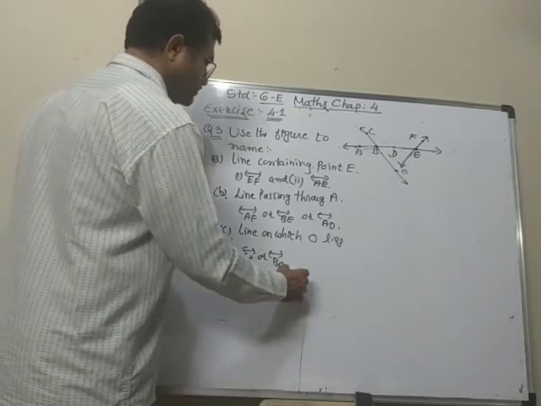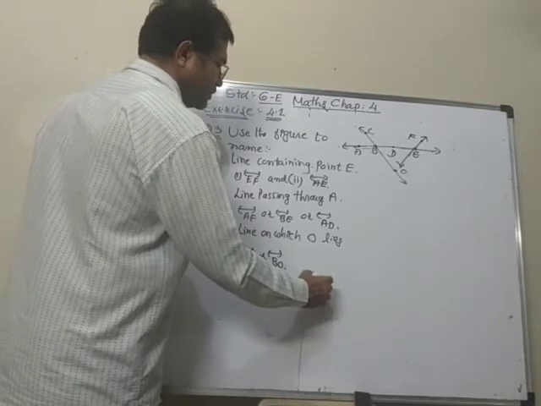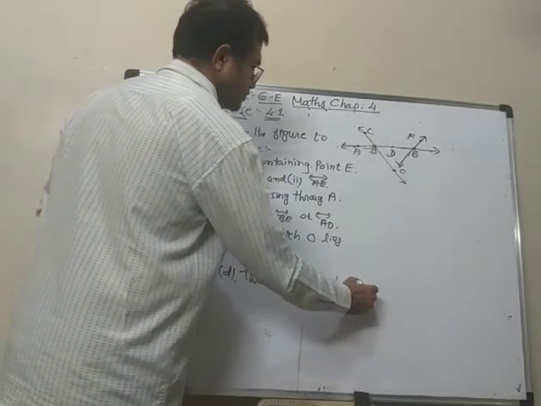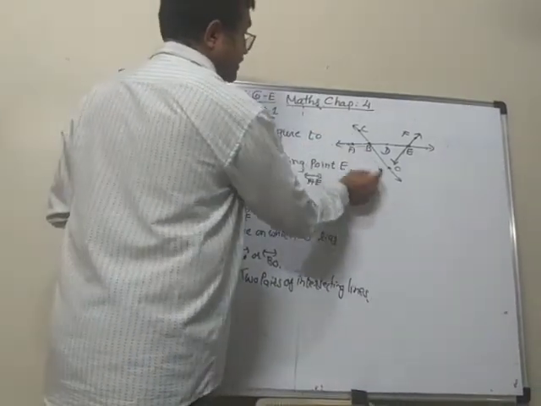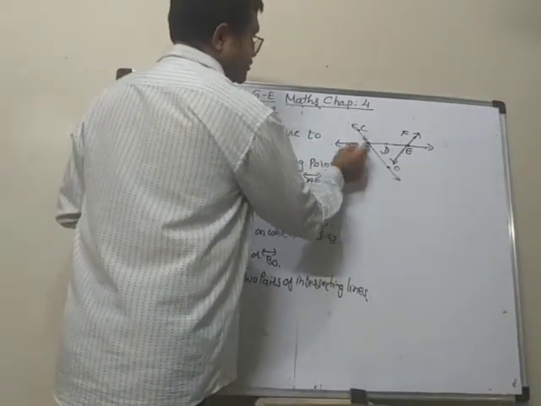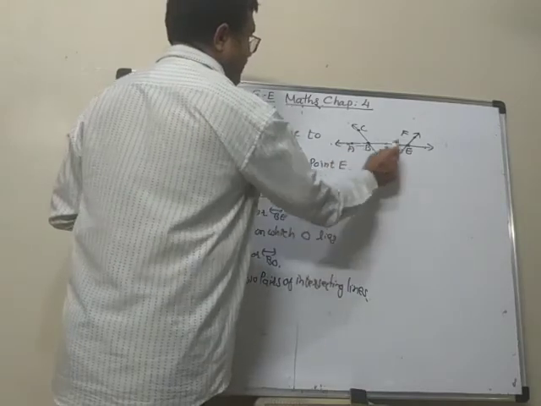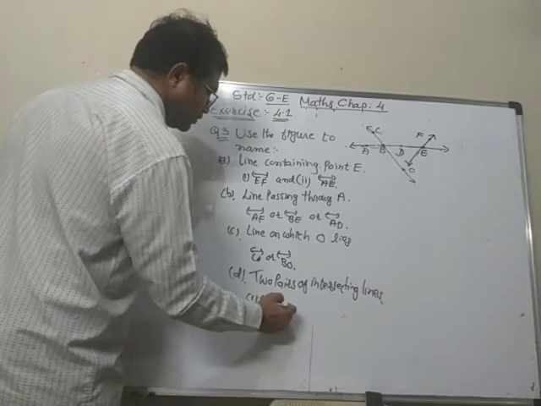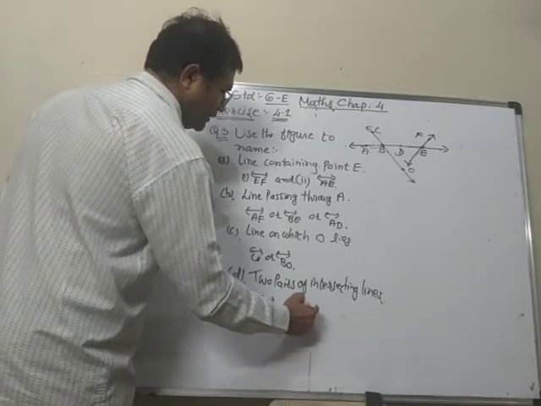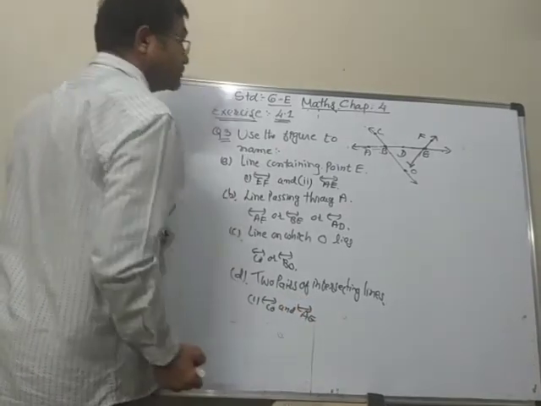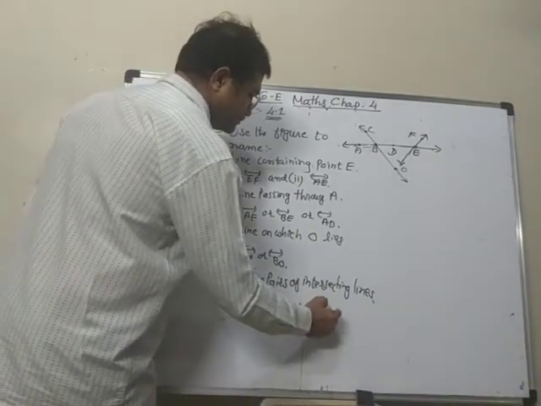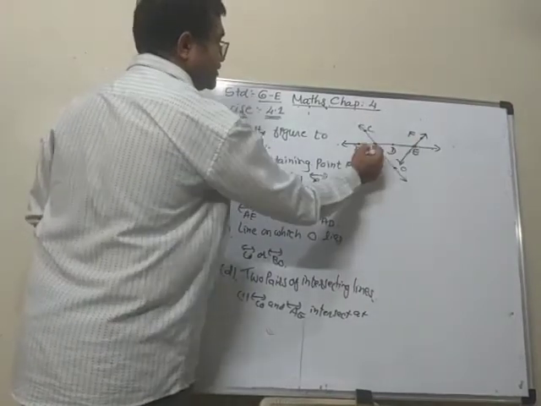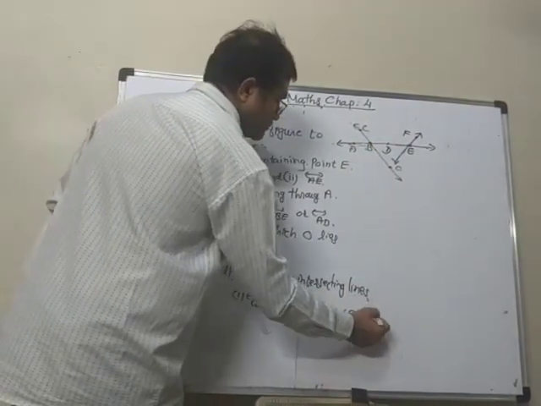You can see that here the 2 lines are intersecting. So one pair is line CO and line AE. Line CO and line AE intersect at which point? They are intersecting at point B.